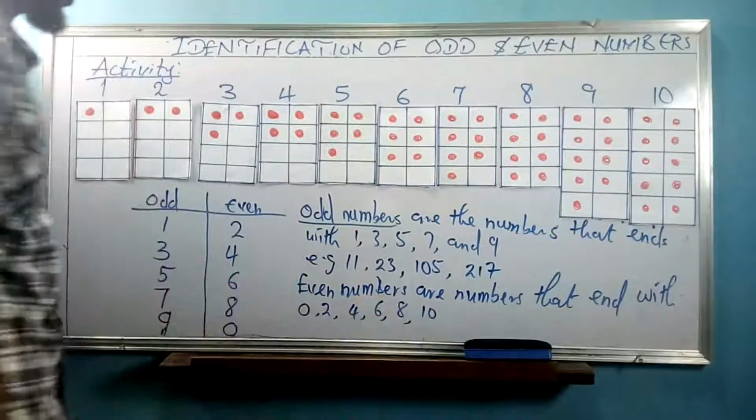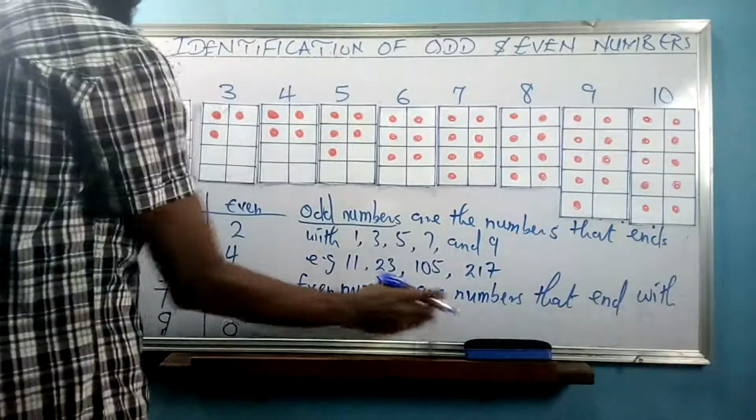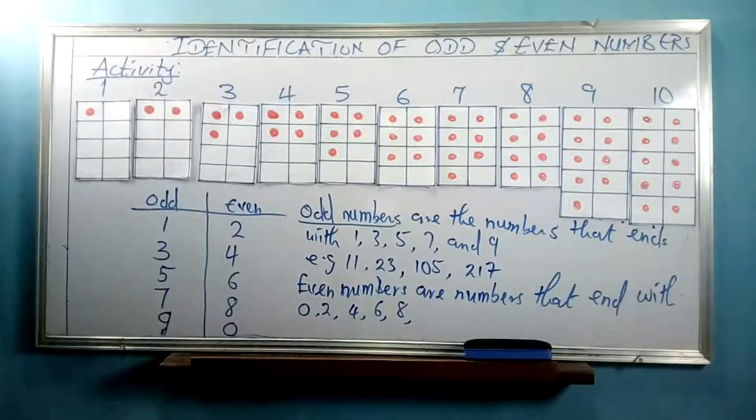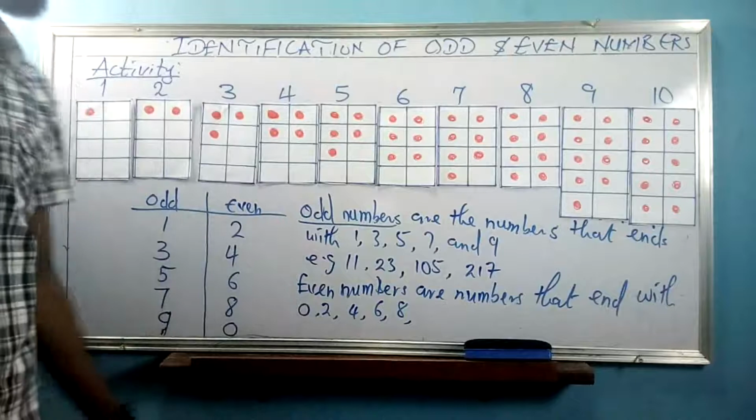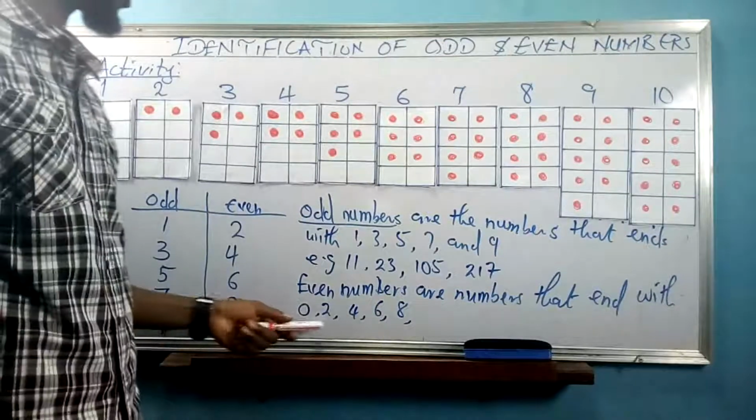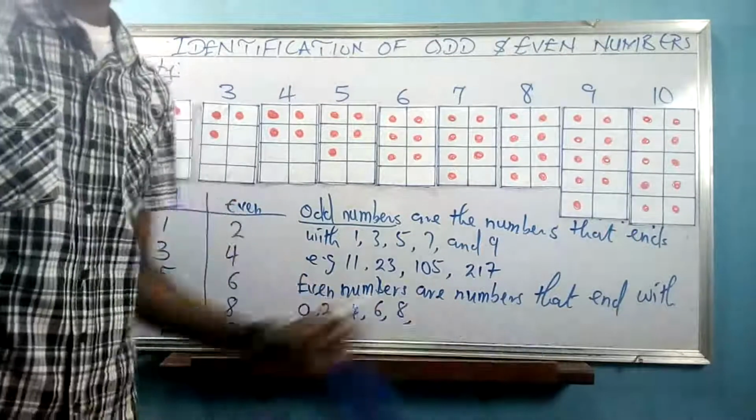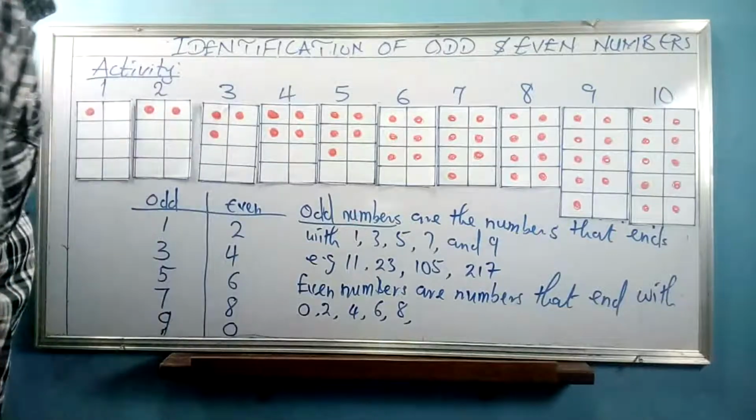Sorry, let us not put 10. Don't forget, I used the 10 as an example. So any number that ends with 0, 2, 4, 6, 8, they are all even numbers.